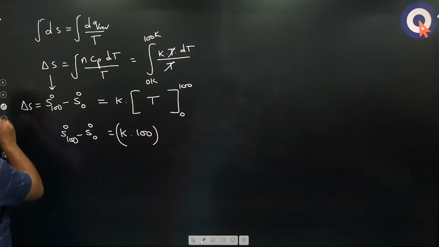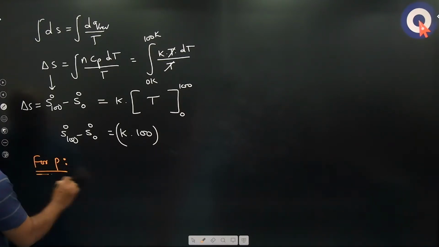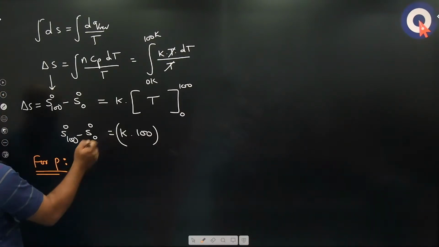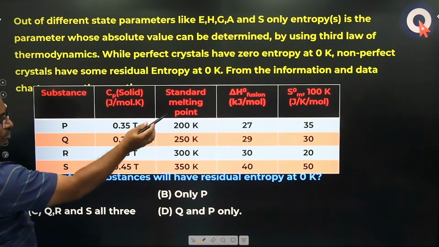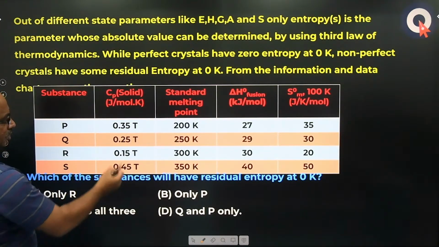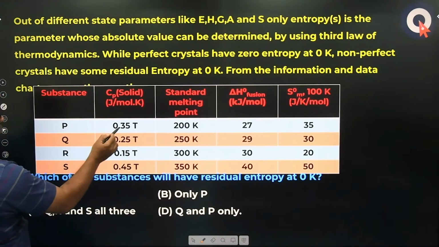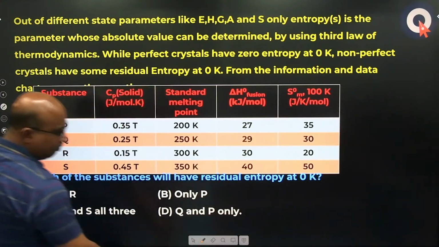So let us now take the conditions for substance P, solid P. What is that K value for the solid P? And what is the S naught value given for the solid P? 0.35, that is 35. So your K value is 0.35, your S naught at 100 is 35.